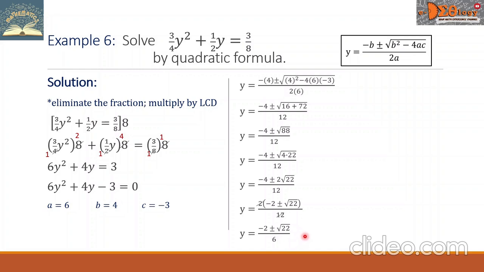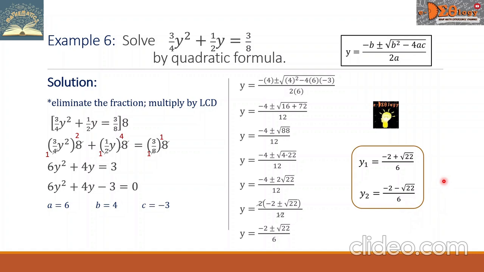Now let us show the values of y. One value is using the positive. So we have y₁ equals negative 2 plus the square root of 22 all over 6. The other one, y₂, using the negative. So negative 2 minus square root of 22 all over 6. These are the values of y.